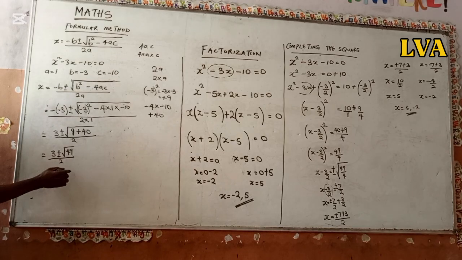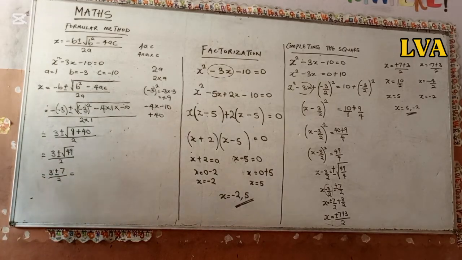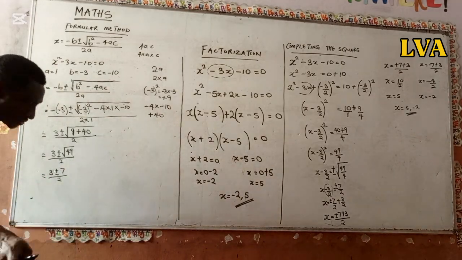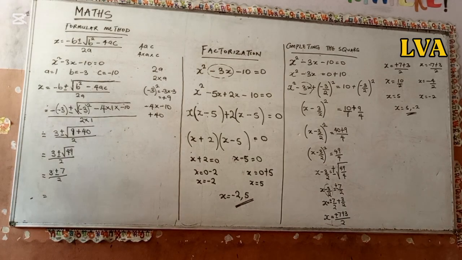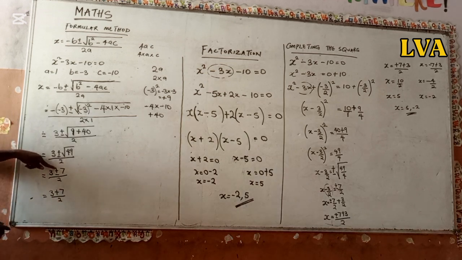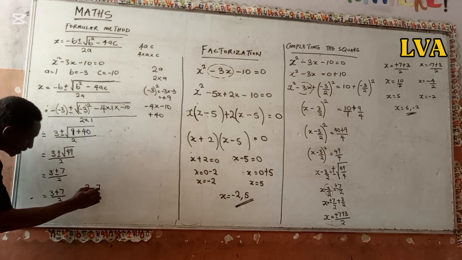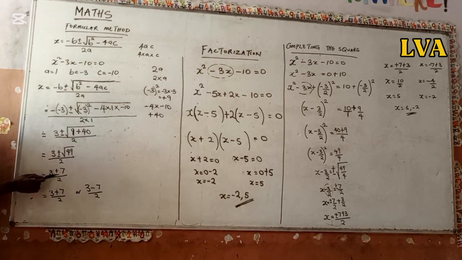So what that means is you have 3 plus or minus 7 over 2. At this point, I would rather split. Now, when you have plus or minus, it means you're going to make use of the plus and then you also make use of the minus. So you will split it into 2 equations, where the first one will be 3 plus 7 over 2. That is making use of the plus. And 3 minus 7 over 2, making use of the minus down here.